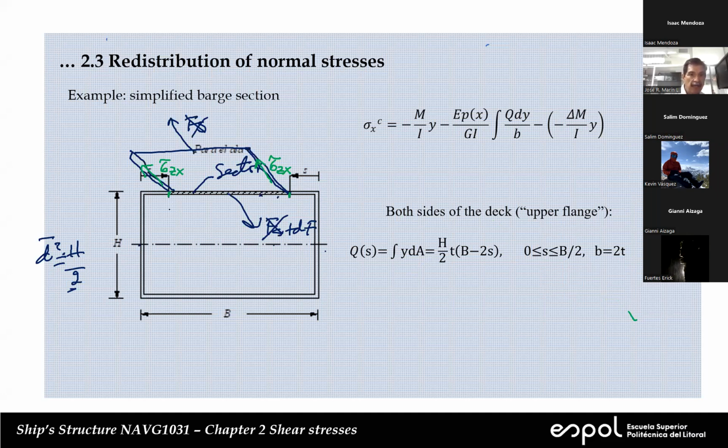From here until here, that's the width, and that's B, the beam, minus 2S, because we take this part and this part here. Multiply by the thickness and multiply by the position of the centroid. The centroid is located from the neutral axis at the distance h over 2. We have to be careful because, to avoid confusion, we recognize that B is equal to twice the thickness.